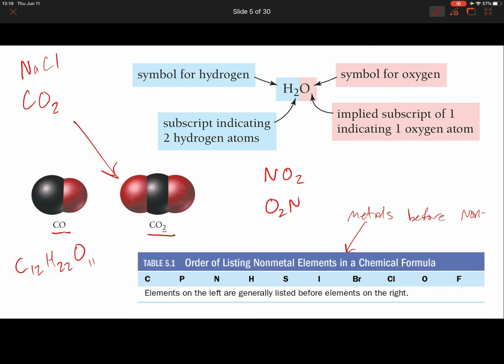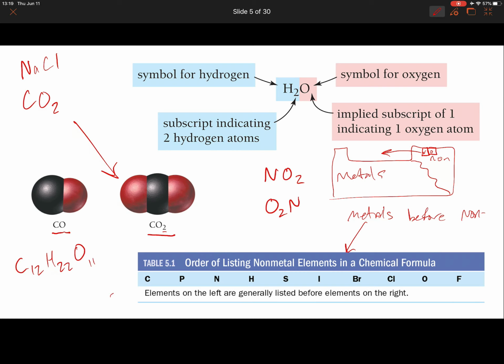The N would go first because on the periodic table, if you remember, our metals are on that side and our non-metals are on this side. And nitrogen is right here and oxygen is right here. So nitrogen's closer to the metals in terms of it being more on this side. So it would go first.